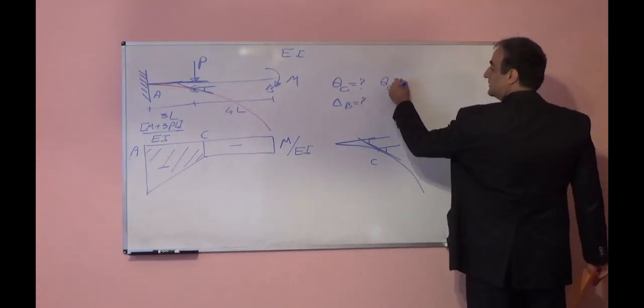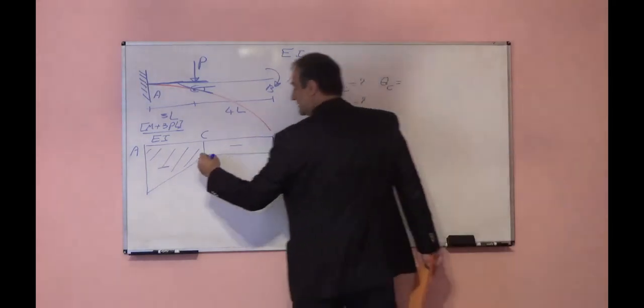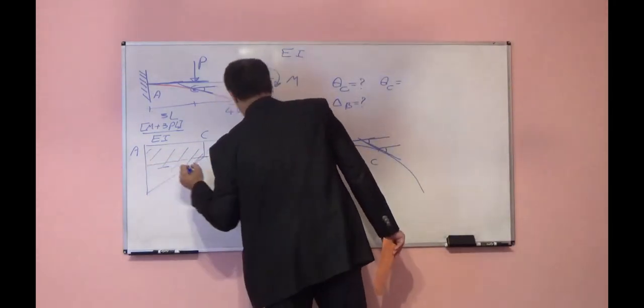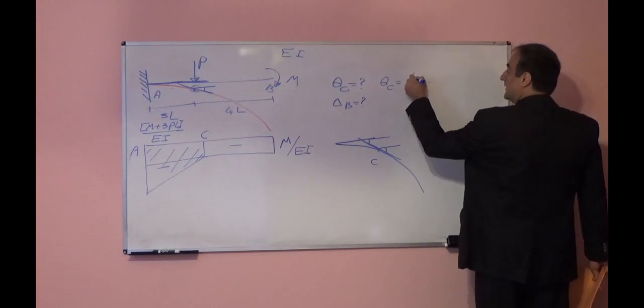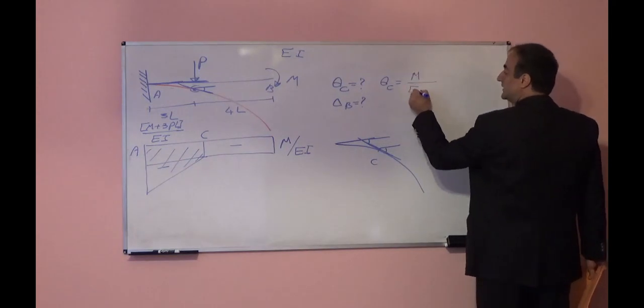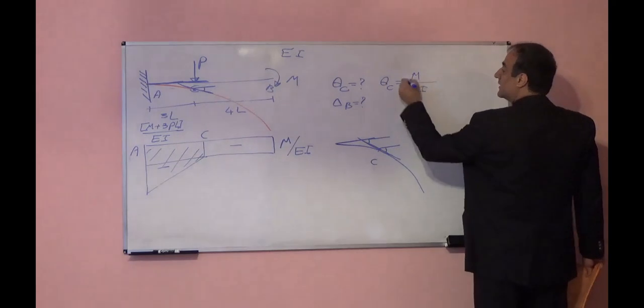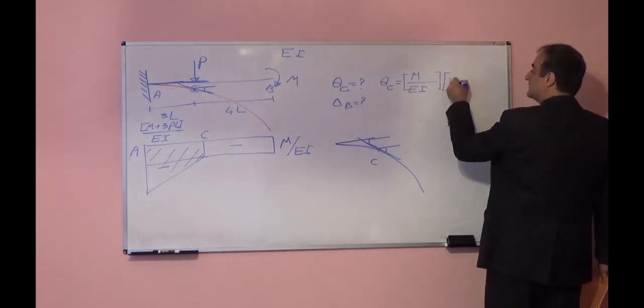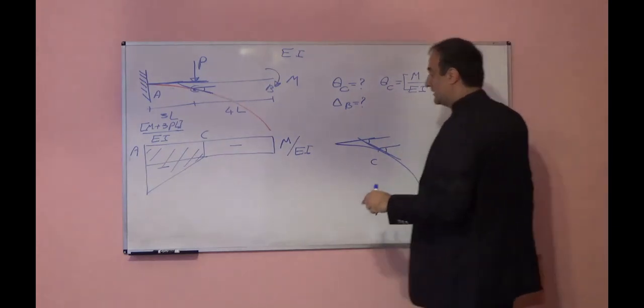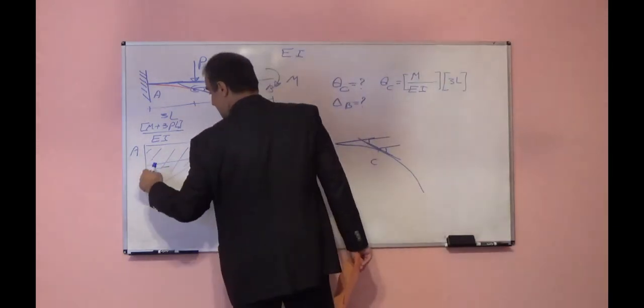You can calculate the area over there. The area will be this height times this length, which will be M over EI times length 3L, M over EI times 3L.